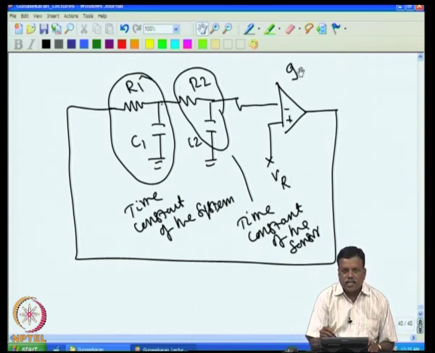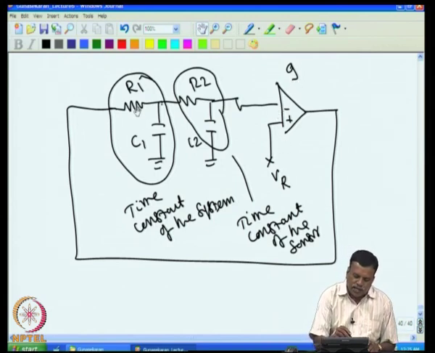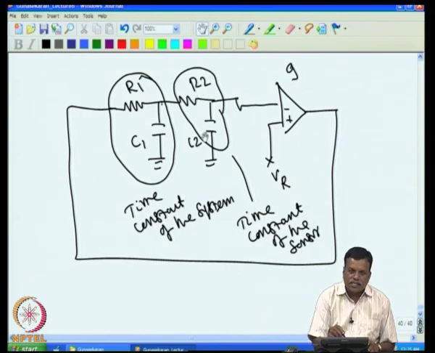Now, to understand that, we can look at the whole system from a slightly different angle. For example, if I take this RC, it can give a phase shift as much as 90 degrees, and this RC also can give a phase shift of 90 degrees at some frequency.